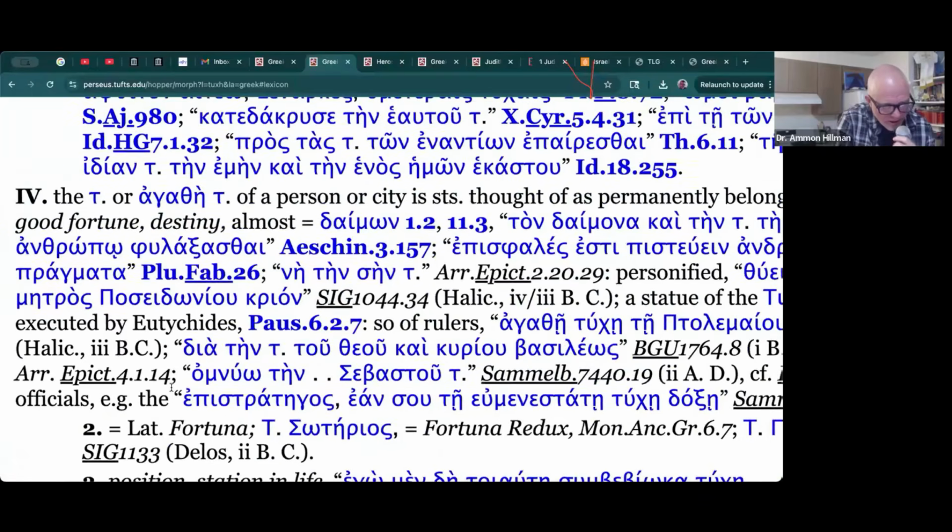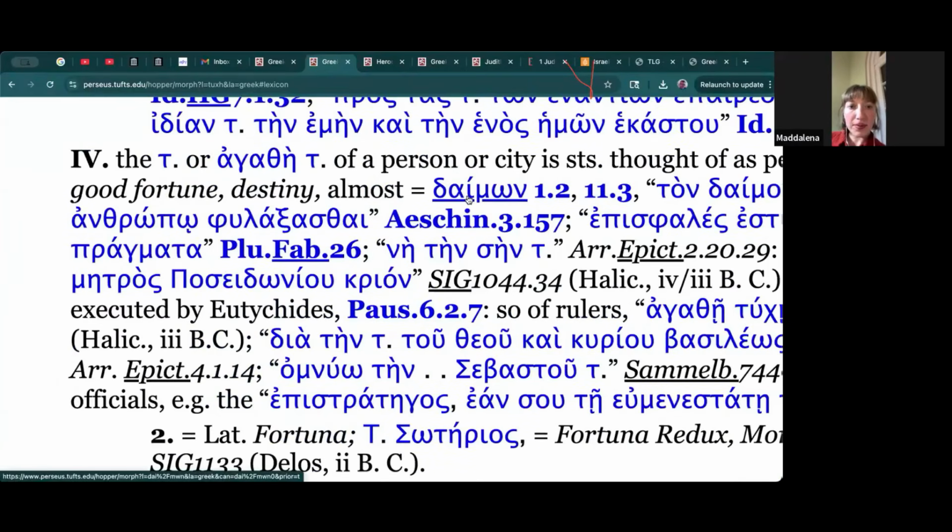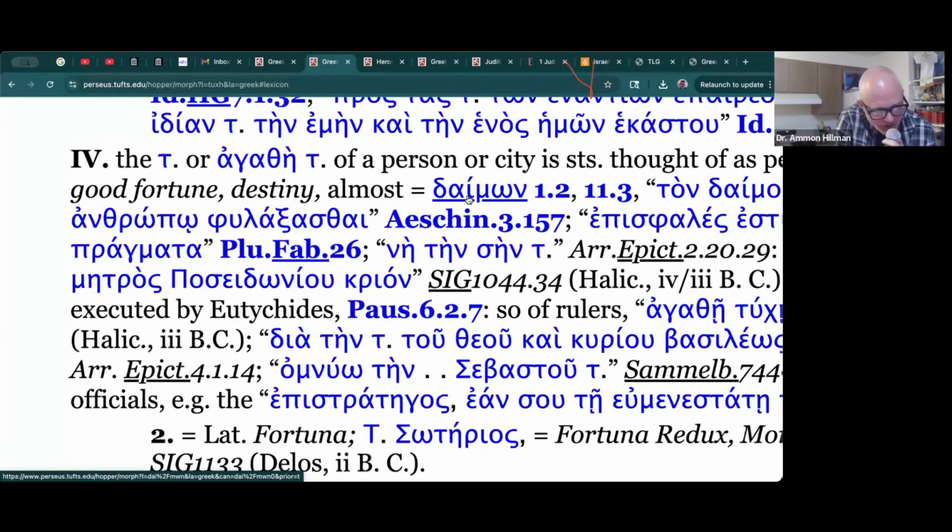Good fortune, destiny, almost equals a daimon. Right? So when Socrates talks about his daimon, his personal daimon, that is his tuche. Wow.